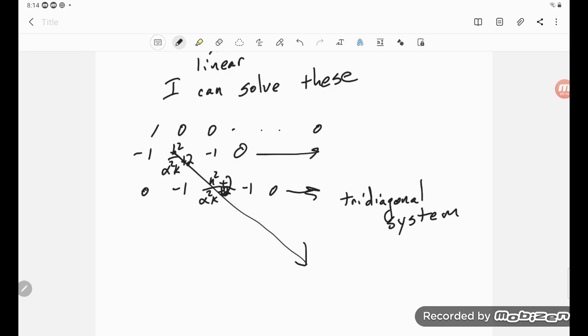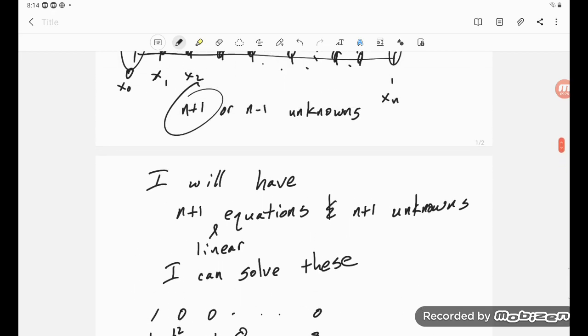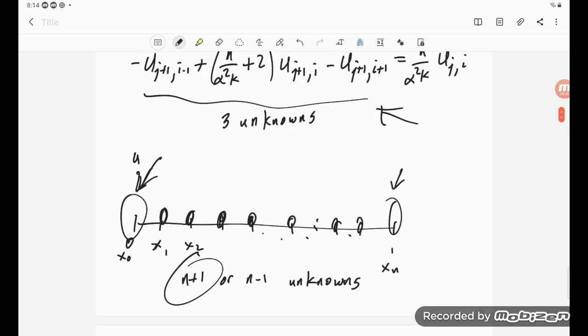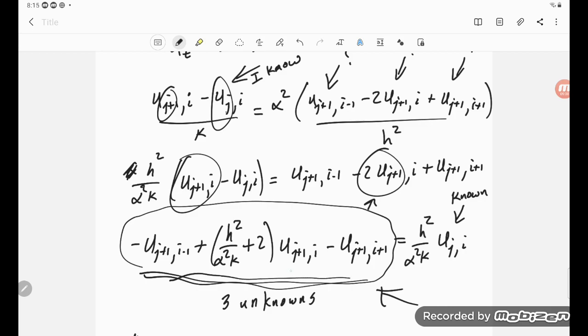And they can be very, very efficient to solve. And so we end up with a very nice system of equations. But this is an implicit method because you see most of what I'm working with in the equation I don't know, and so I get these implicitly defined by the previous stuff.